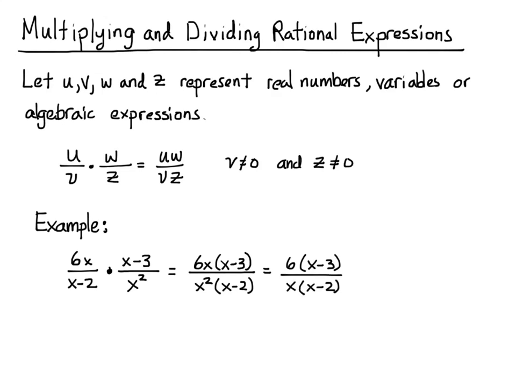In this case, we have an x in common in both the numerator and the denominator, so that just cancels out. Now we have to ask ourselves, did we get rid of an implicit domain restriction? We did not, because we still have an x in the denominator, so x can't be 0, and that's implicitly stated there.